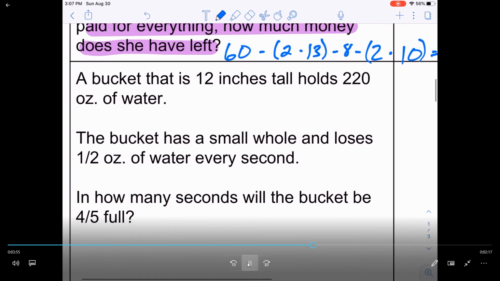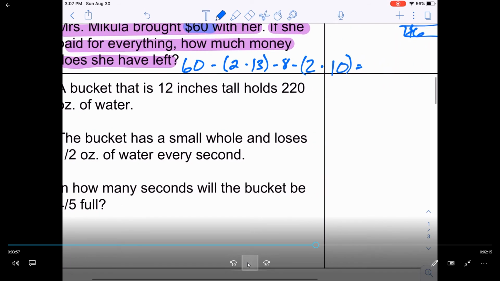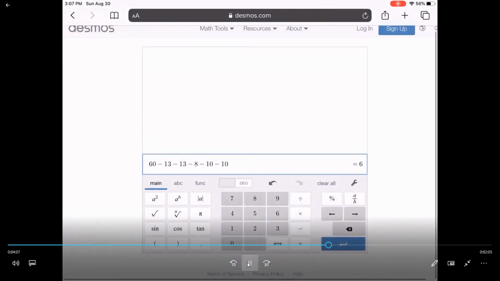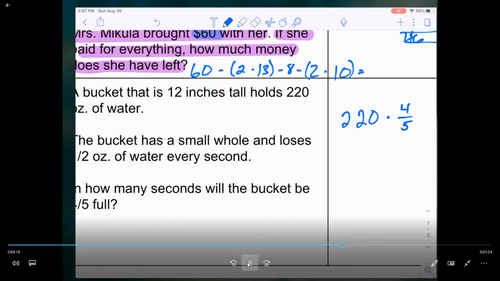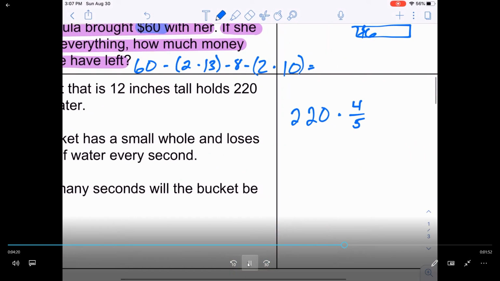So the first thing you're going to do is take 220 and multiply it by 4/5. So we can do that in a calculator. So we'll go 220 times 4/5. Remember that fractions are just division. So 176 is what I get for that.